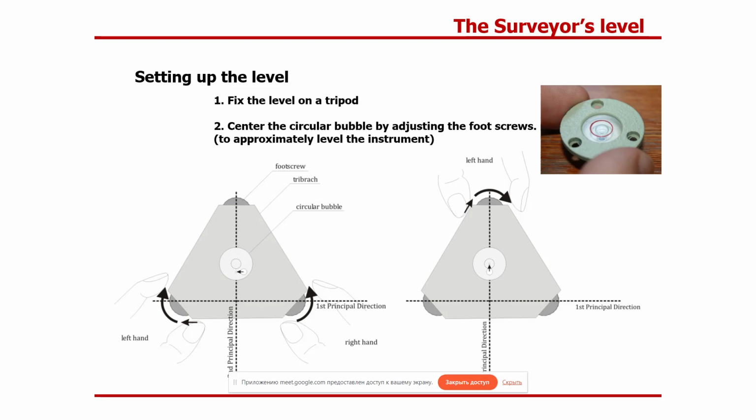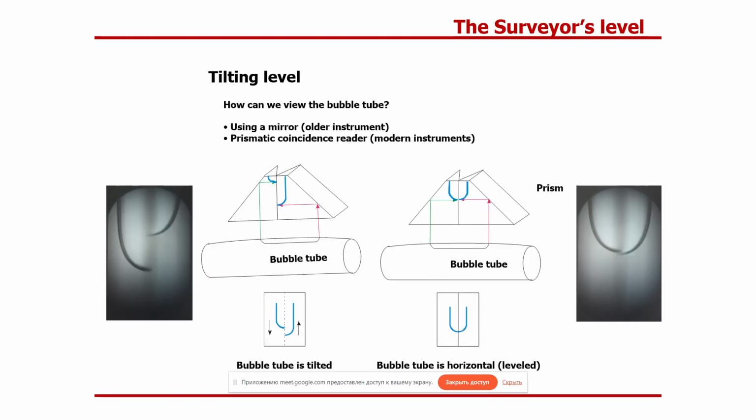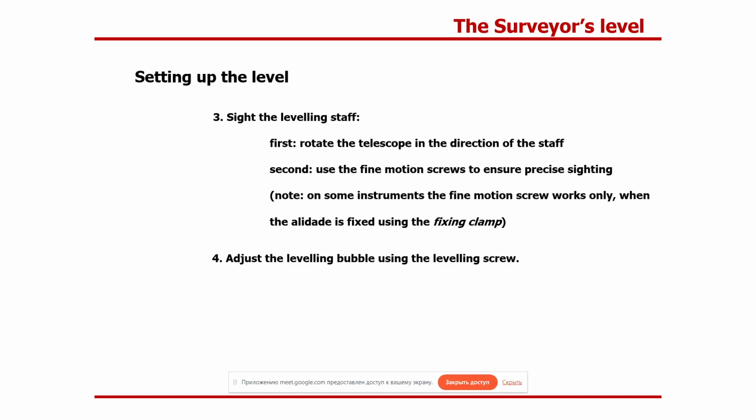and then we can precisely make our line of sight horizontal. The next step is to sight the leveling staff.